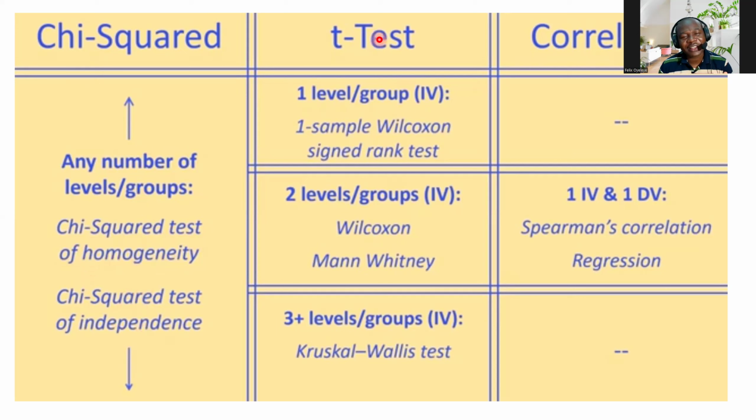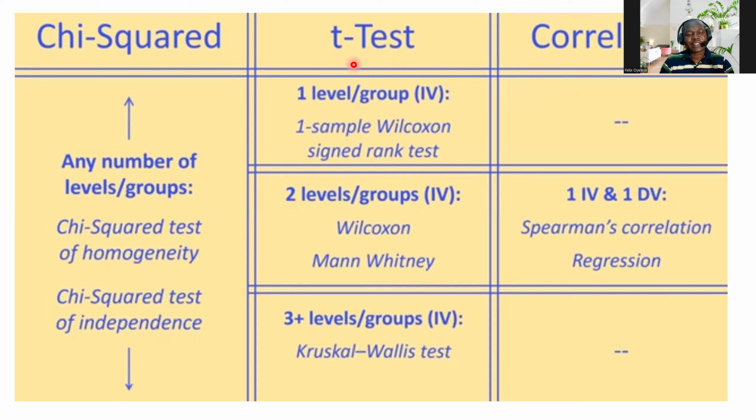Now, I also mentioned the second group, which is the t-test. Okay. And the third possibility, which is the correlation analysis. Now, please understand that all these statistical tests have what we call assumptions. In other words, there are conditions that must be fulfilled before you apply the statistical test. And in most cases, it is more of normality. In other words, what is the distribution of your data? Is it normally distributed?